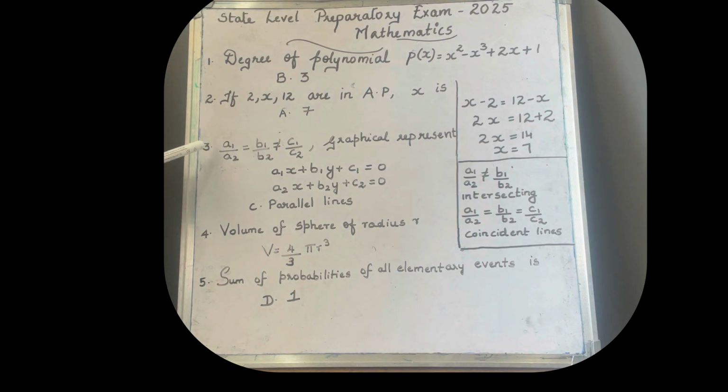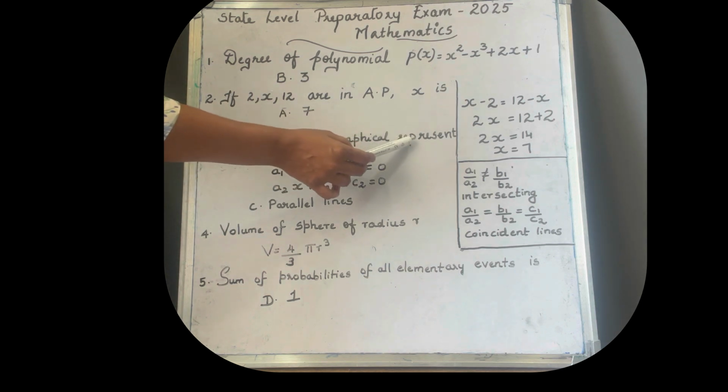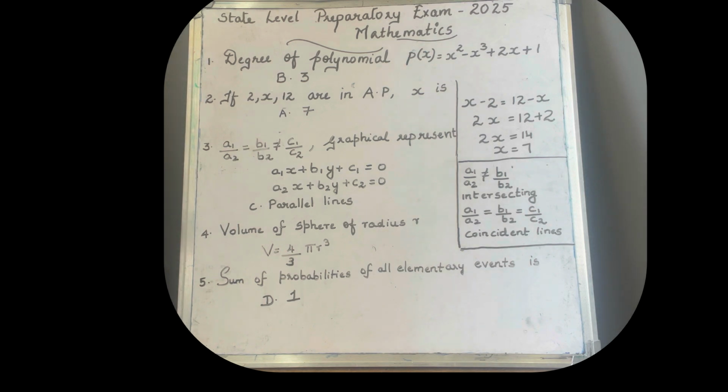We move on to the third question. If a1x plus b1y plus c1 equal to 0, a2x plus b2y plus c2 equal to 0 represent a pair of linear equations, then a1 by a2 equal to b1 by b2 not equal to c1 by c2 will have the graphical representation of?